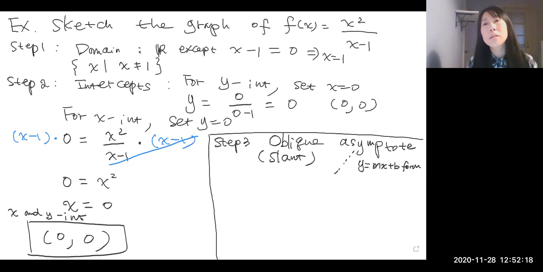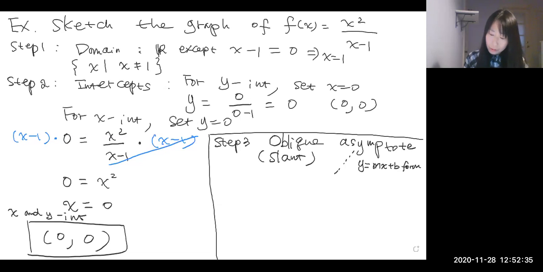Okay, then you might forget the pre-calculus stuff. An oblique asymptote exists when the degree of the numerator is greater than the degree of the denominator.